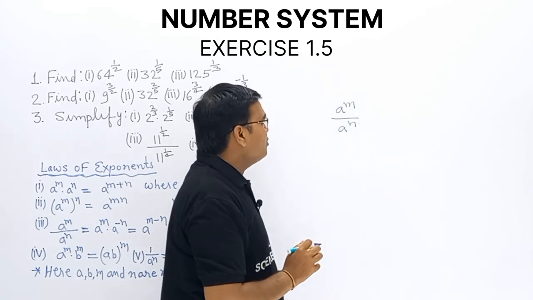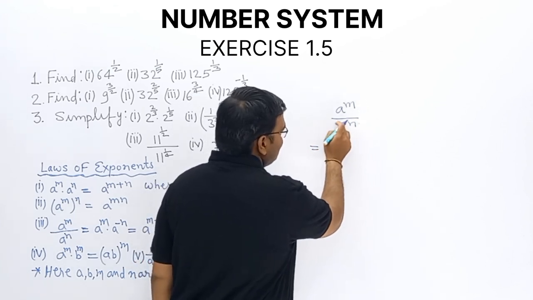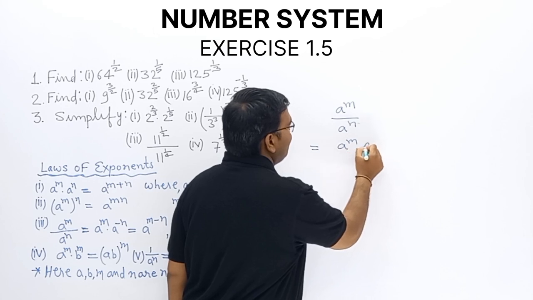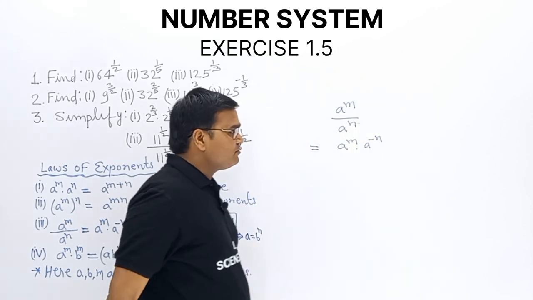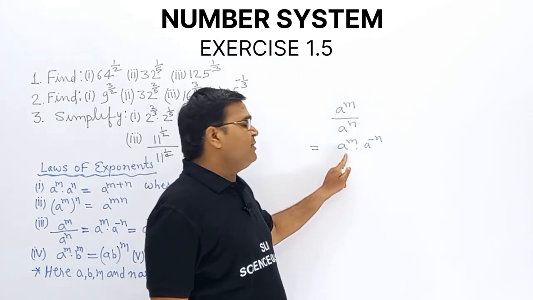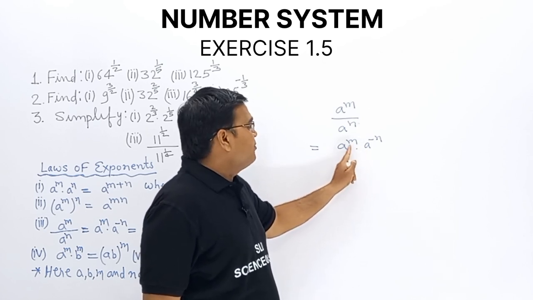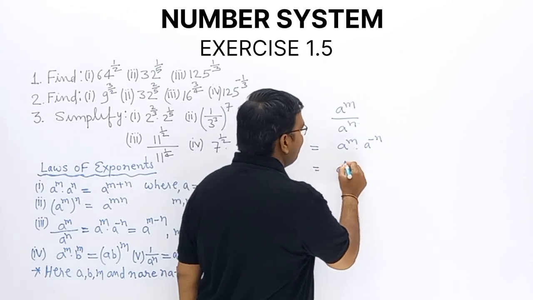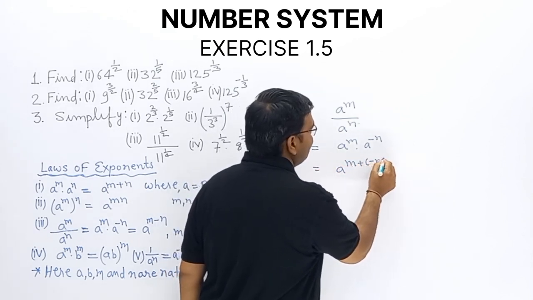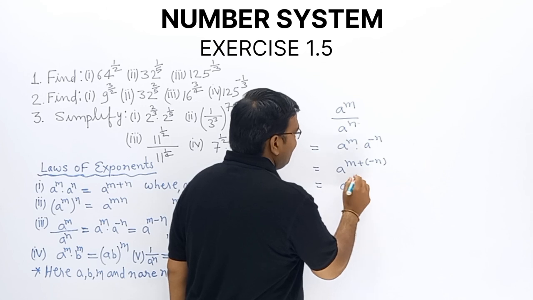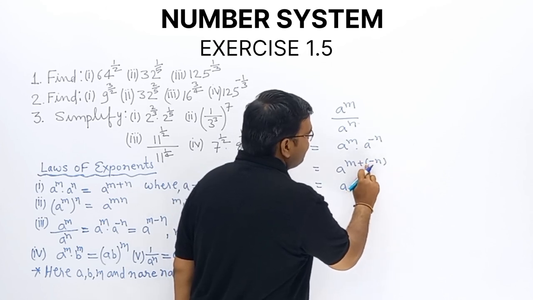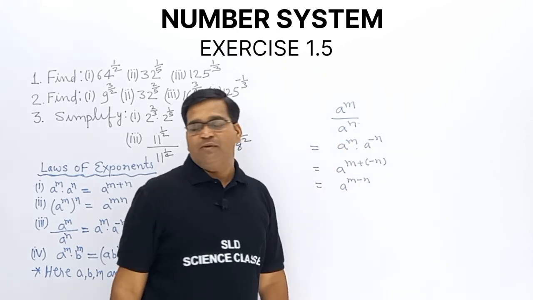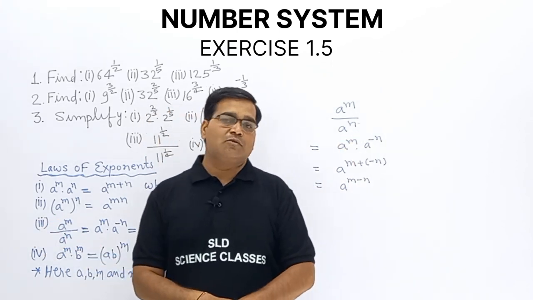First this part goes to the numerator and the power changes to a power minus n. Now the first law will be applicable there. Base is equal, powers will be added, a power m plus minus n. Plus into minus will be minus, so a power m minus n. This is our third law of the exponent.